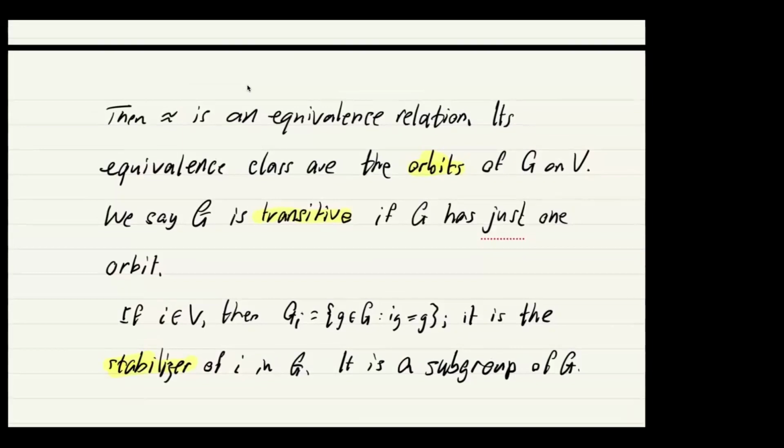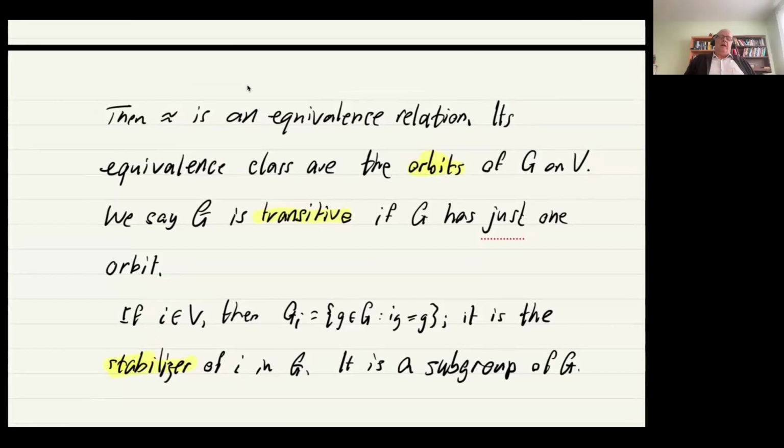Sorry, this definition of transitive depends on the action, right? If the same group G acts on another set... yes, you're right. So for example, the symmetric group on 5 letters acting on the set 0 through 4 maps any ordered pair of distinct points to any other ordered pair of distinct points.